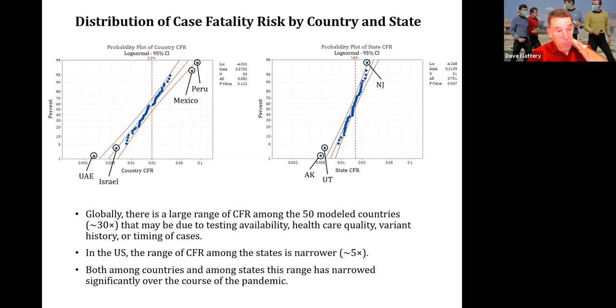Healthcare quality obviously varies a lot among countries. Variant history, some of the variants have been tested or are believed likely to cause more severe illness and have an inherently higher case fatality risk, and the timing of cases. So certainly in many of the places where there have been multiple outbreaks, the earlier ones had higher case fatality risk. And whether it was because we learned more about how to treat it or we got better at testing more people, there's a lot of factors that can cause this.